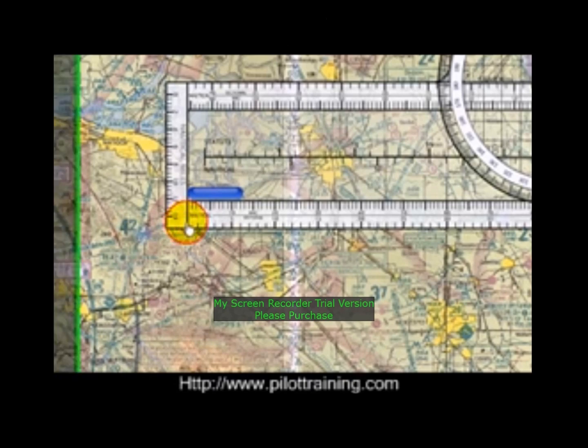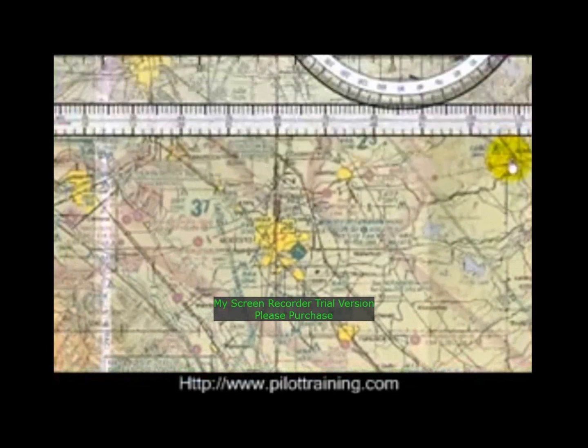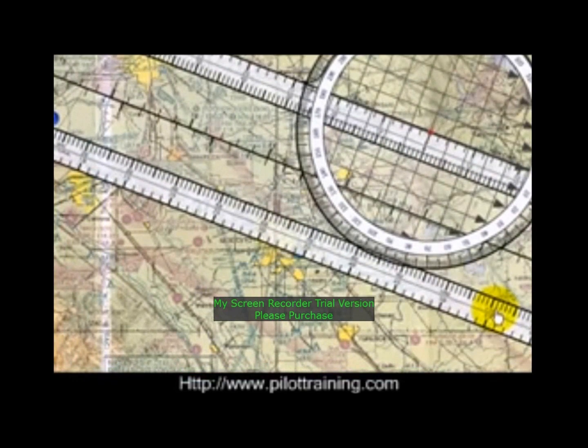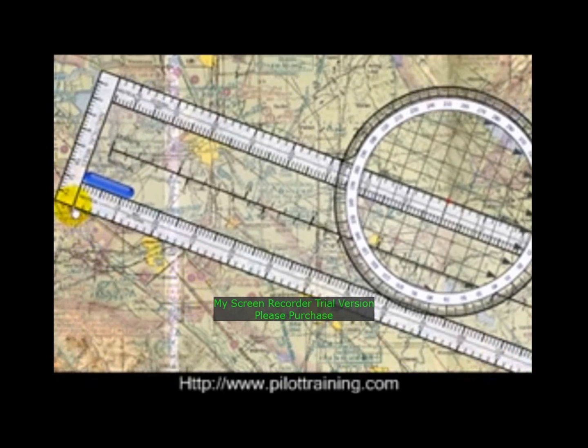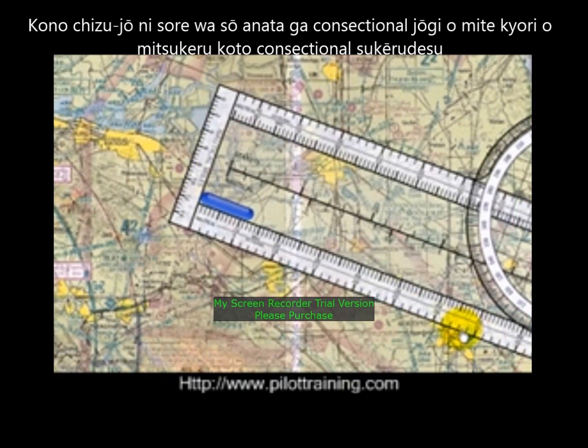First off, place the left-hand side at your takeoff aerodrome and move the other side over your destination, so the edge of the plotter makes a line going from aerodrome to aerodrome. On this map, it is a sectional scale, which means we'll be using the sectional ruler to find out our distance.